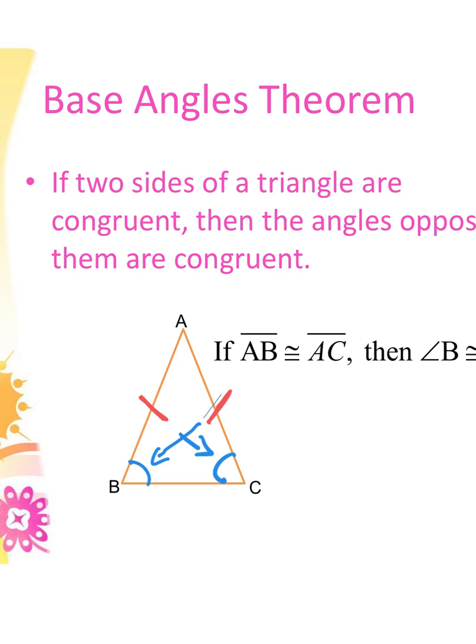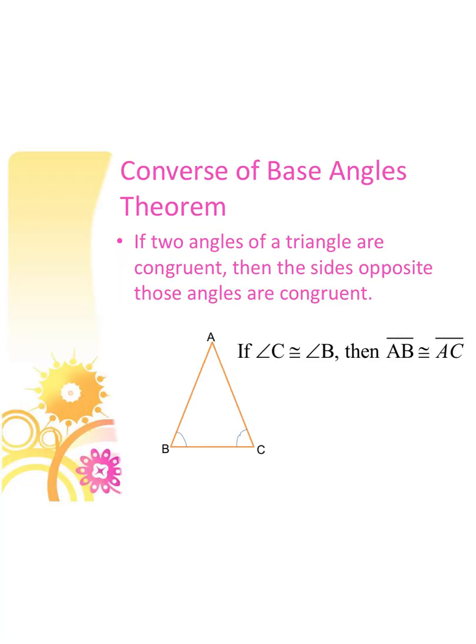The next slide is going to be the converse of this theorem. So we're going to switch the order. So in the base angles theorem, we were given the sides congruent and we can prove angles are congruent. Now they're going to start out by telling us the angles are congruent.